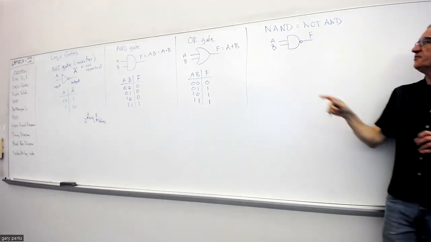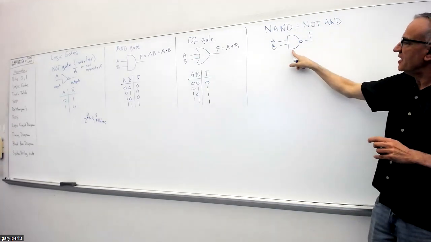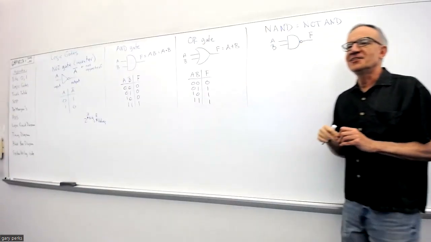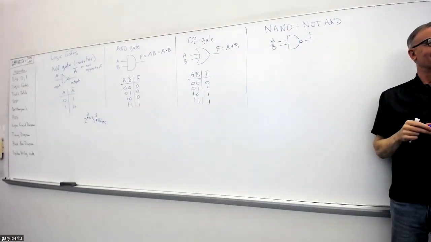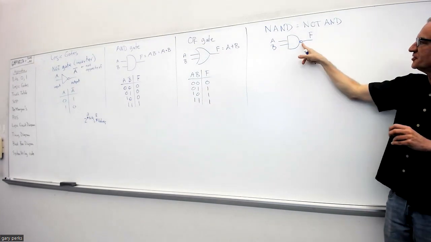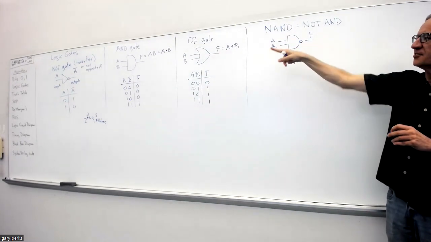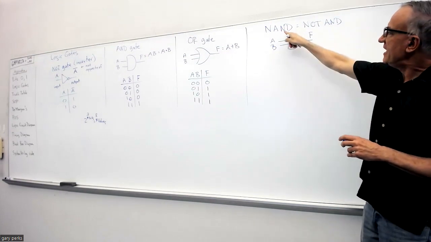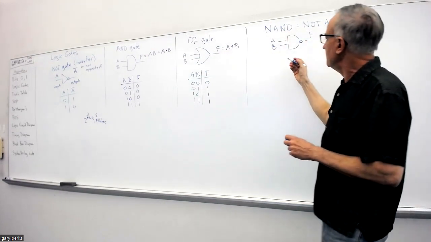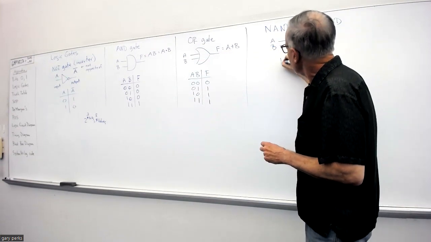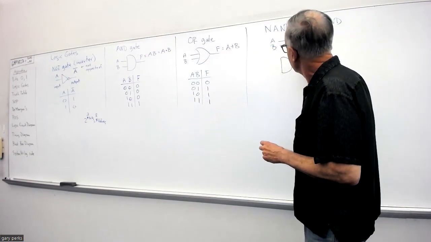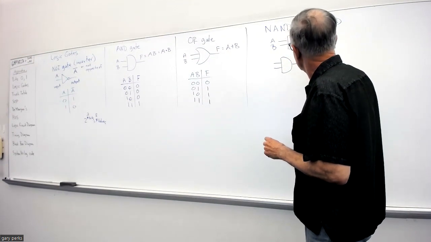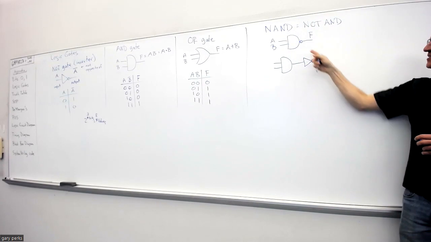Before I go any further, compare the NAND gate symbol to the AND gate symbol. Can you tell me what's different? The circle. Yeah, there's a little circle at the output for the NAND that's not there for the AND. The reason for that is because a NAND is equal to a not AND. So if you take an AND gate and you put an inverter on the output, that's the same as a NAND.